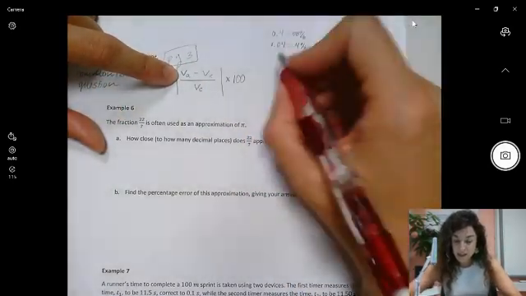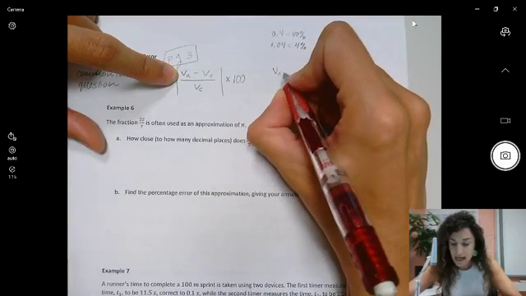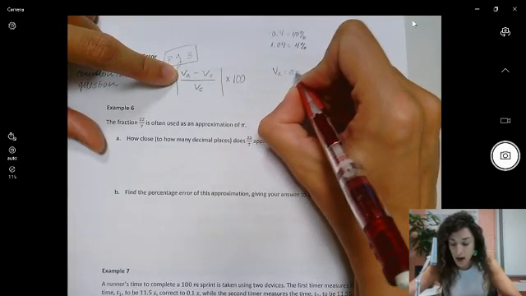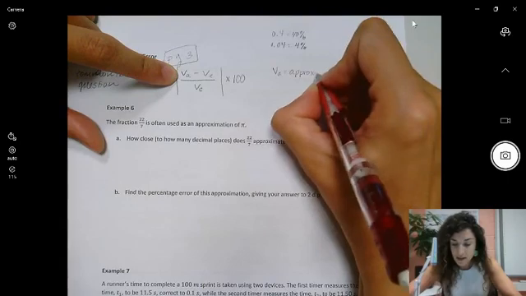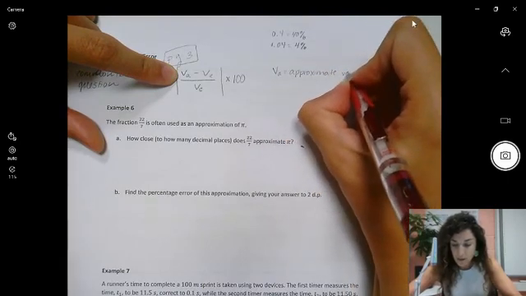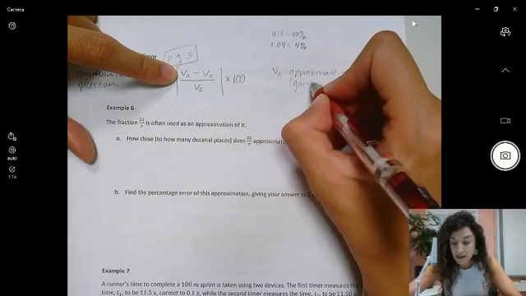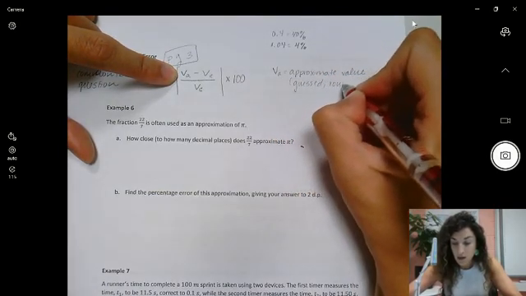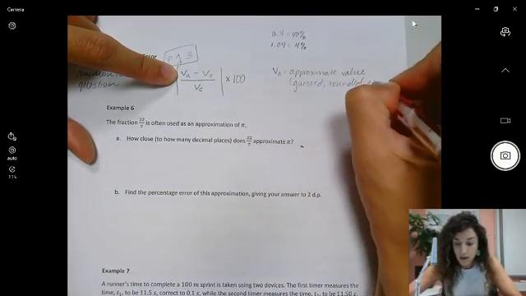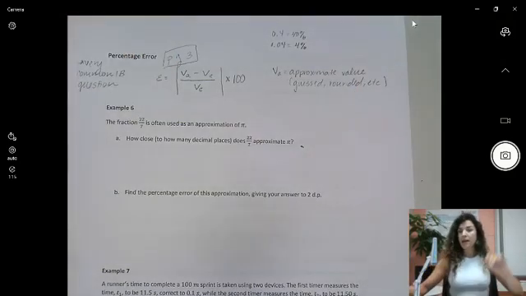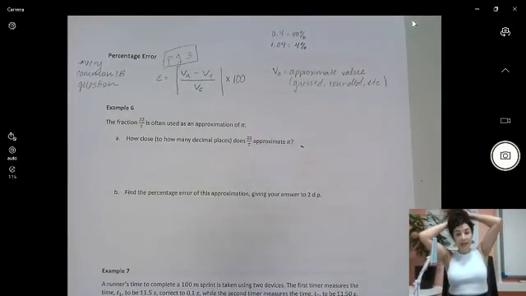Now, what are these pieces right here? VA is your approximate value. What that means is the value that we guessed, or the value that we rounded, or the value that we are using to represent.